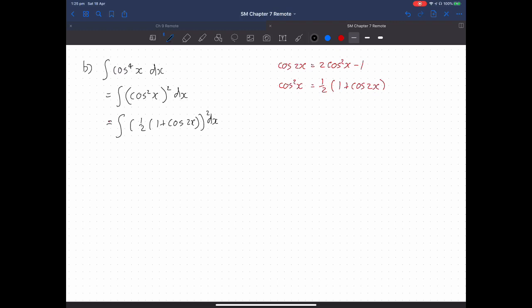This means we need to square our bracket. So there's a little bit of working over to the side. We have 1/2 times 1 plus cos 2x all squared.